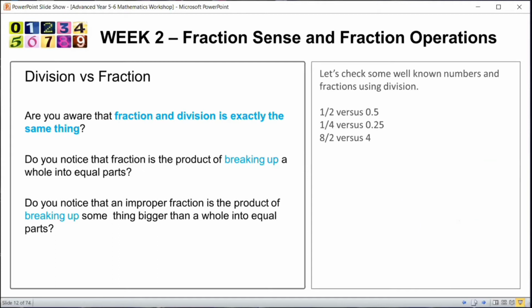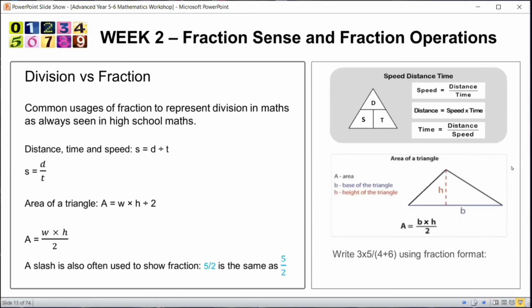So division and fraction are the same thing. This is so important because it helps you to do so many things. No kidding. So let's have a look at the next one. That is why, at year 6 and maybe in high school, people start to write division using the fraction way.